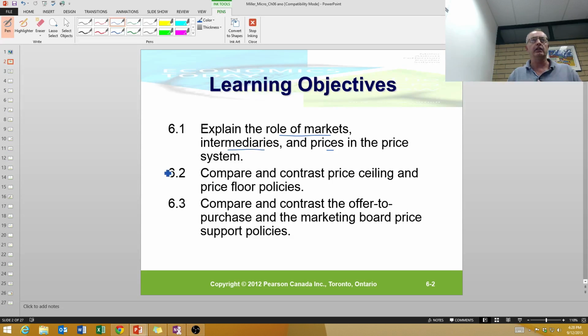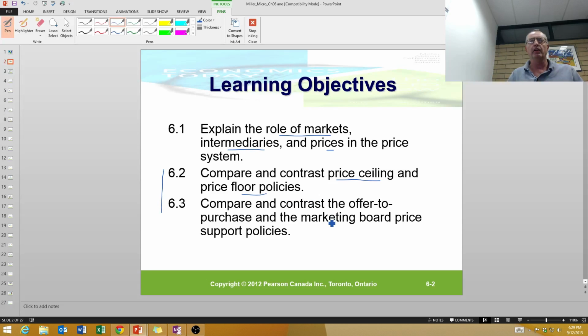And then the next couple little sections here deal with government intervention in the market. Although we in Canada live in a capitalist economy, we do have some elements of a mixed economy, and we do have government intervention. And so we look at the difference between government policies surrounding so-called price ceilings and price floors. And then we also have some special government policies in certain agricultural sectors.